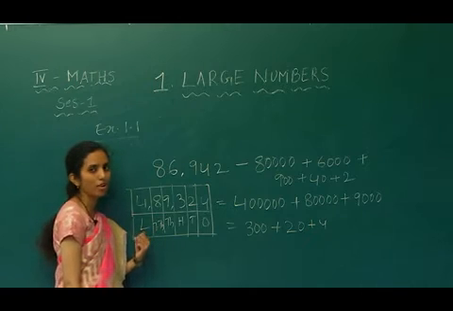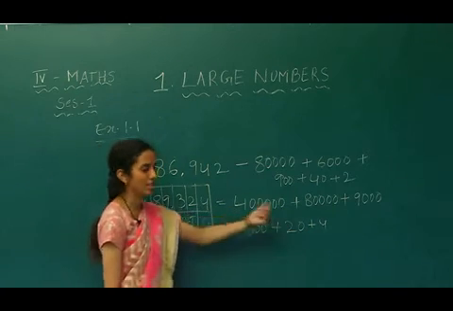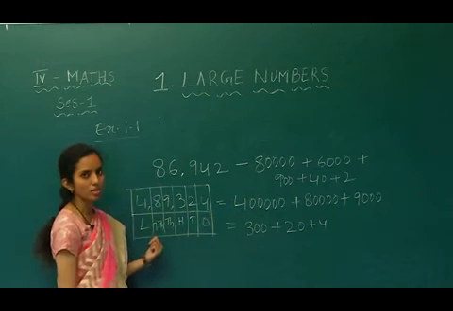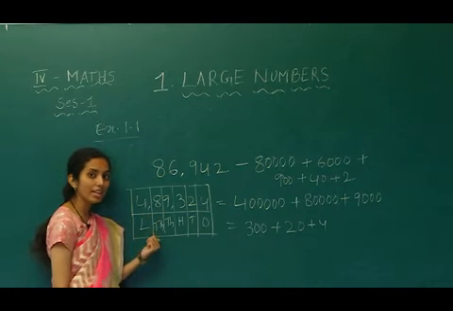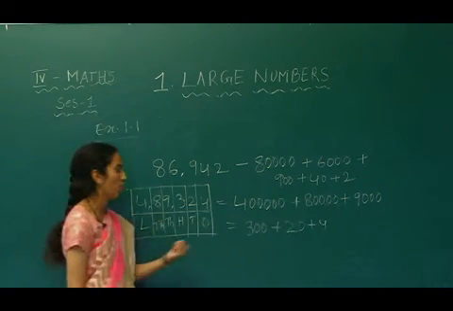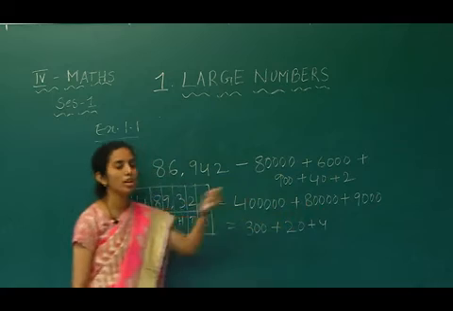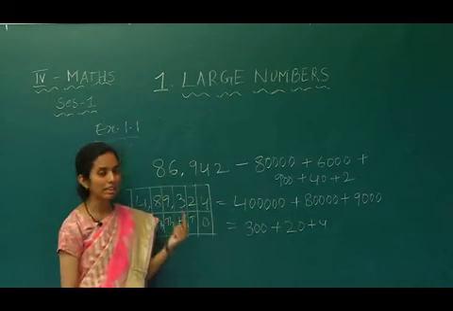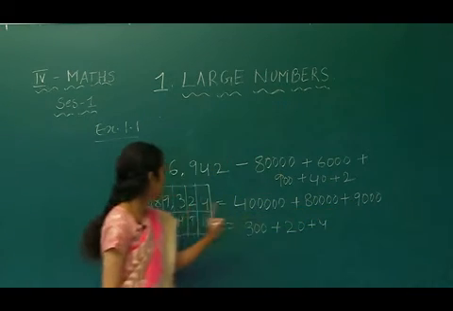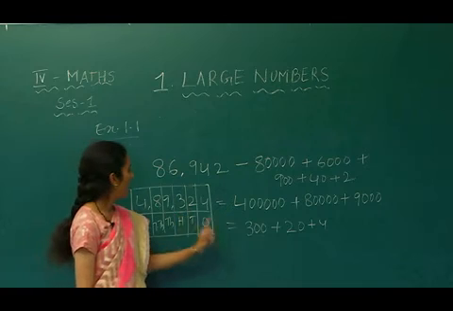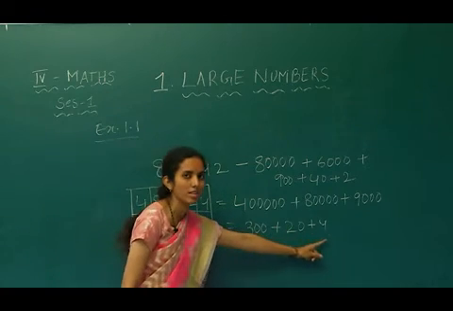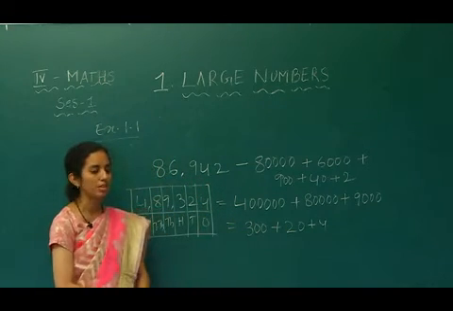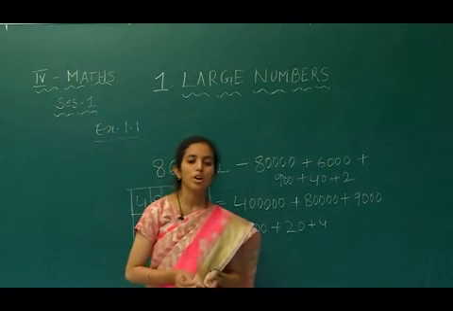So, how do you write 4 lakhs? We write like this, and 8 is in 10,000s place. That means 8 10,000s, that means 80,000. And 9 thousands, 9,000. 320, 2 tens, that is 20, and 4 in ones place. So this is expanded form.